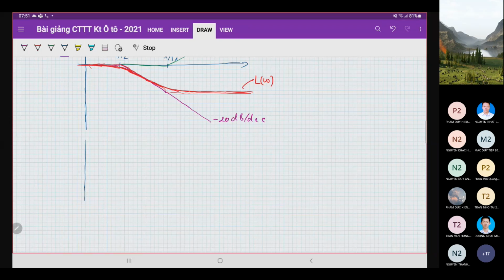You can see now we have here pi over 2, here is minus pi over 2.